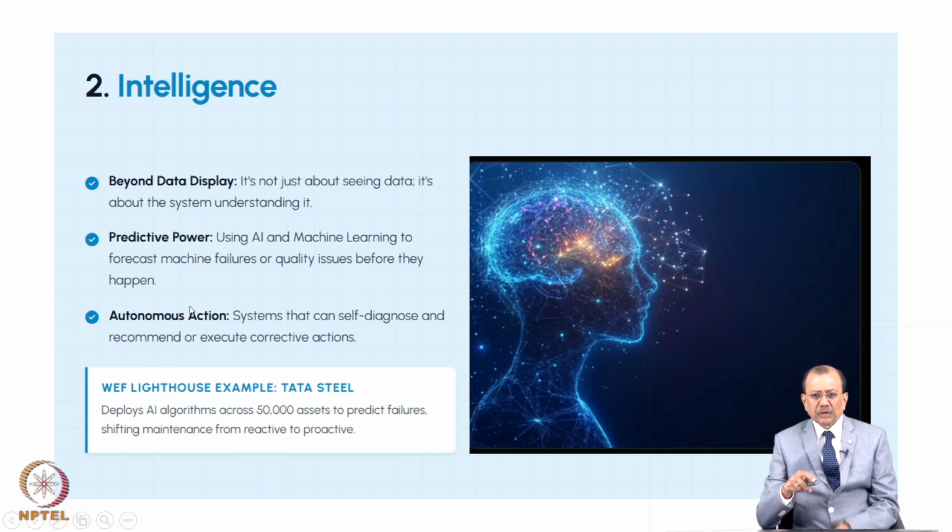There is the word automation and the word autonomous. Automation is an old technology. Autonomous means that with the help of technology, the machine itself takes decisions, or if there is a minor problem, the machine corrects itself the way a human being does.